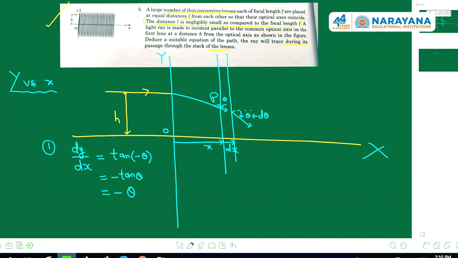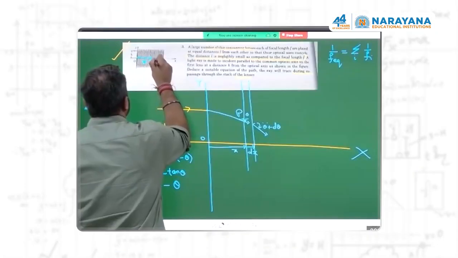One thing that all of us know is, for n lenses which are kept back to back, 1 upon f equivalent can be written as the powers being added, so basically sigma over i of 1 upon f_i. Now while you are traveling that distance dx, try to understand this, I am analyzing this problem for some x to x plus dx.